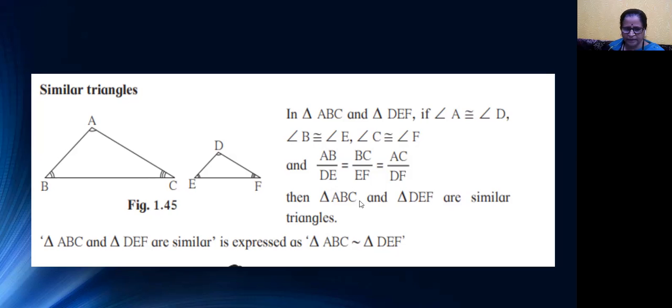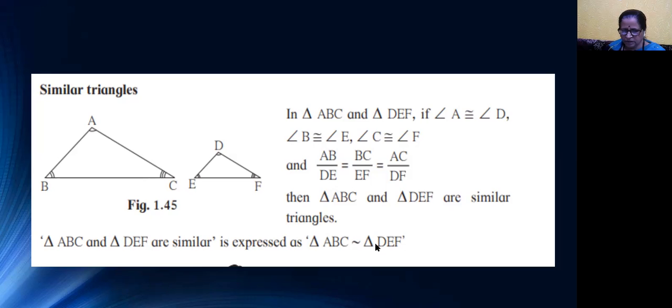Then triangle ABC and triangle DEF are similar triangles, and this is expressed with the sign: triangle ABC is similar to triangle DEF. This sign means similar triangle.